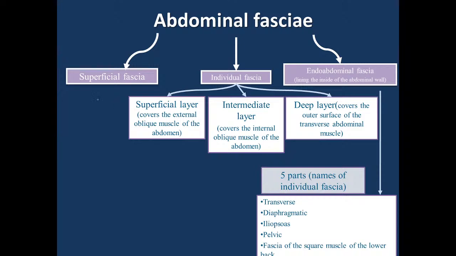Abdominal fascia. As always, we could find superficial fascia. It lies under the skin, and individual fascia has three layers: superficial, intermediate, and deep. And the third fascia here, as well as in the chest region, is called endo-abdominal fascia.